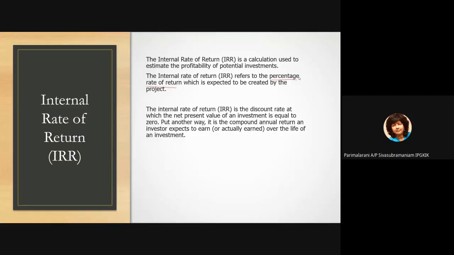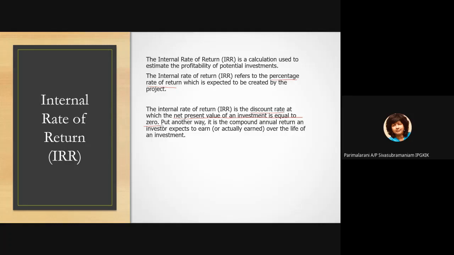So the internal rate of return is the discount rate at which the net present value of an investment is equal to zero. That means you are finding the discount rate when the cash inflow minus the cash outflows is zero.